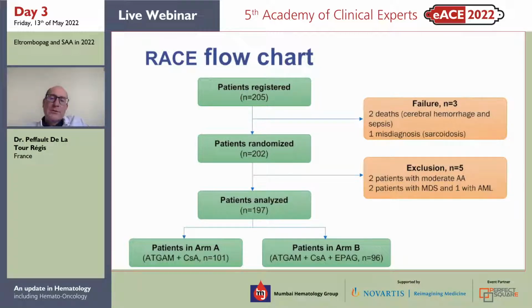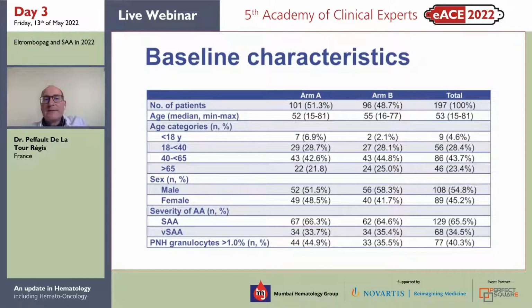There were 5 exclusions: 2 patients because they were diagnosed with moderate aplastic anemia and not severe, and 3 other patients, 2 because they were finally diagnosed with MDS and 1 with AML. Finally, we got 197 patients who were eligible for analysis, 101 in the standard arm and 96 in the experimental treatment.